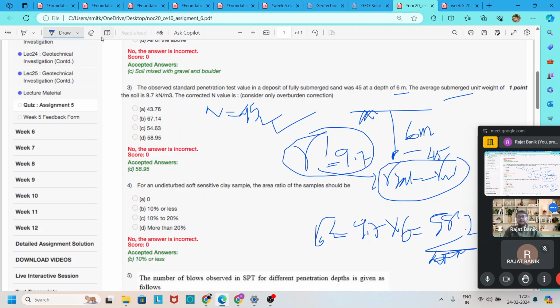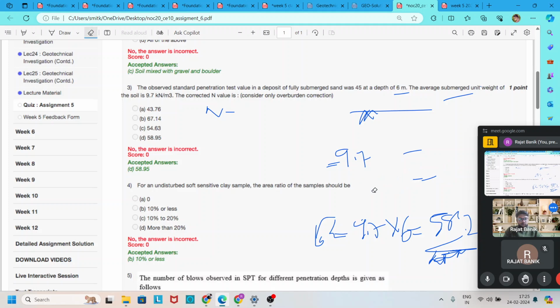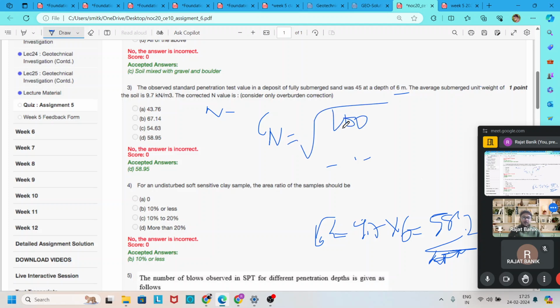Now we have to find out the correction factor for overburden pressure, that is Cn is equal to root over 100 divided by sigma dash.